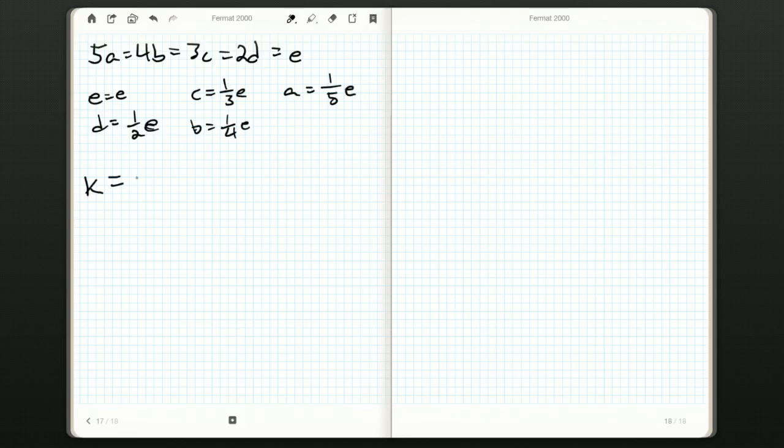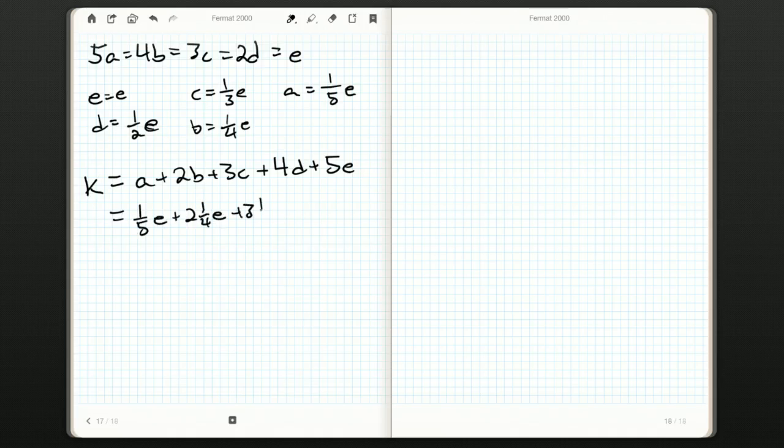Now K is equal to A plus 2B plus 3C plus 4D plus 5E. So let's substitute everything in and get K in terms of E. So 1/5 E plus 2/4 E's plus 3/3 of an E plus 4/2 of an E plus 5 E's.